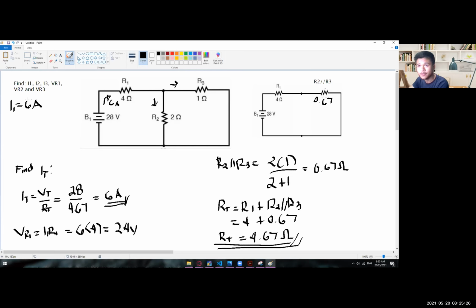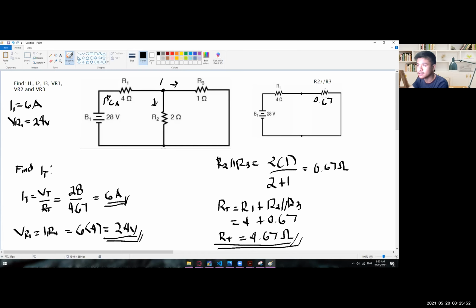Okay, so VR1 is now already answered, 24 volts. There you go. Now, as you guys can see right here, at this point, we have a voltage drop of 24 volts. So 28 minus 24, you'll get a potential voltage of 4 volts.